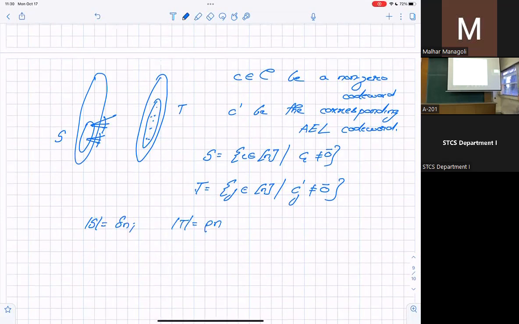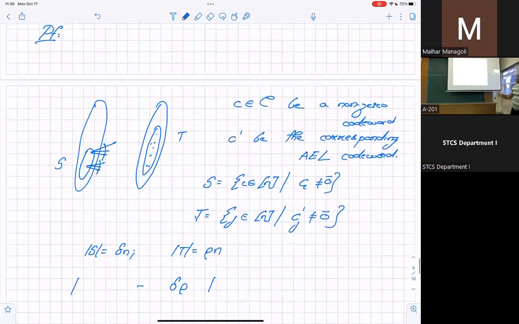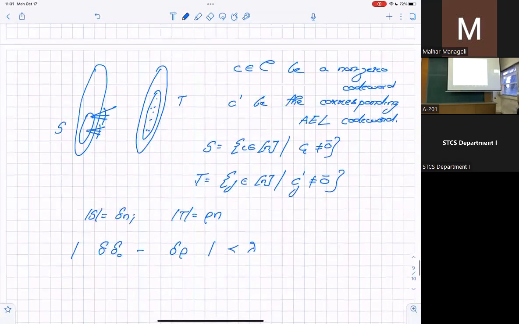The same expander mixing lemma statement I'm going to write. This is delta times rho as we had before. What will this be? Delta naught, because you only know delta naught, guys. It's not 1 as before, but delta naught. This is less than 1. It's the same exact rule.